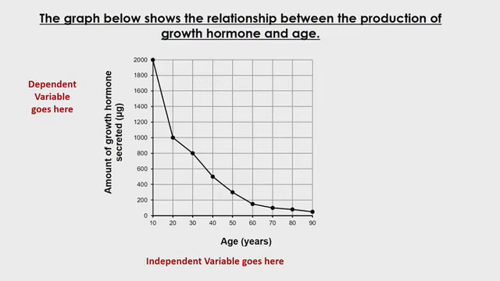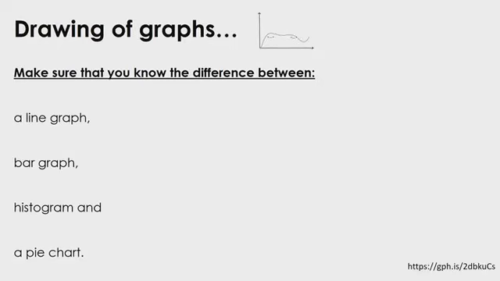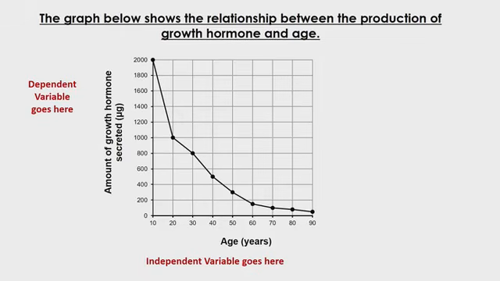So let's look at an application quickly of a bar graph, a line graph. In this example, they're asking for the relationship between the production of a growth hormone and age. So this is like human growth hormone, and how the production decreases over time. We see that the trend is a decline in the amount of growth hormone being released inside our body.